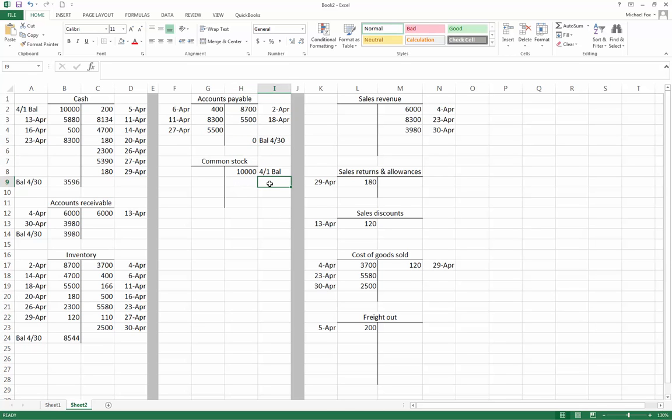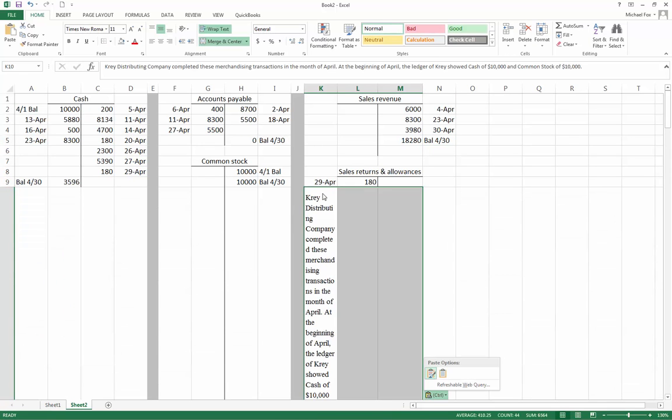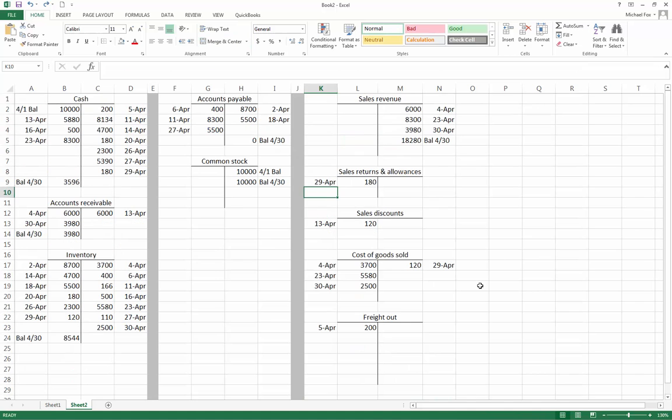Common stock balance will be $10,000. Sales revenue, sales returns and allowances. Oops. Sorry about that. Hope I didn't freak anybody out right there. You always have to be careful when you're copying and pasting.